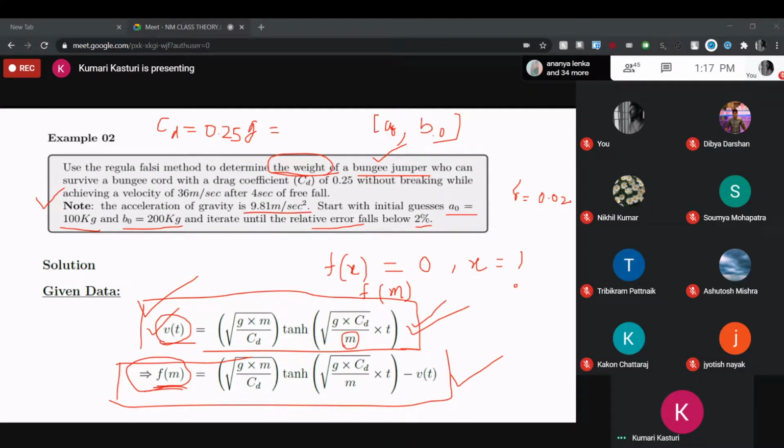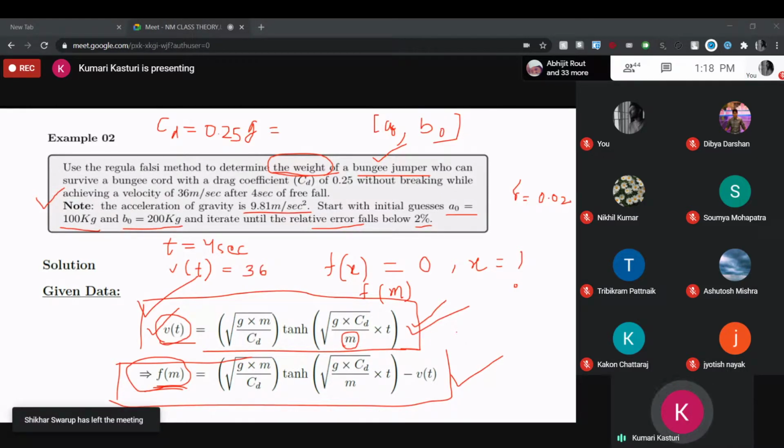Complete? Yes, ma'am. Then write down velocity. I will tell you, just wait. t is equal to 4 seconds. Then velocity v of t is also given to you in the question, that is 36 meter per second.